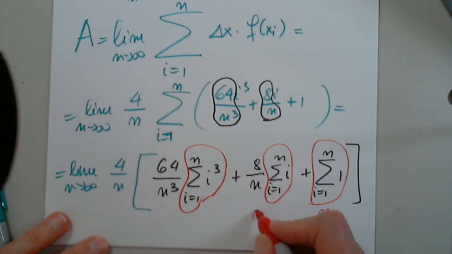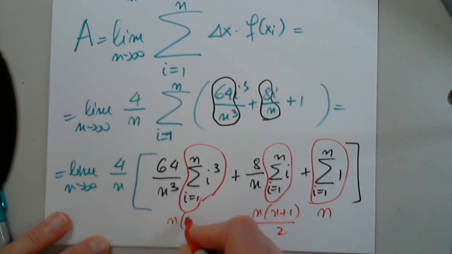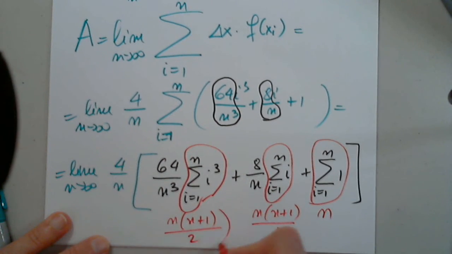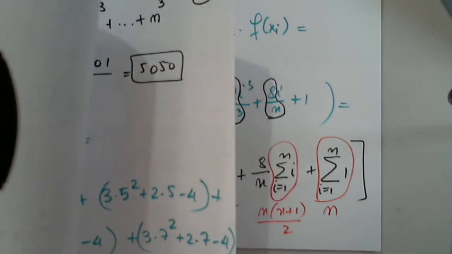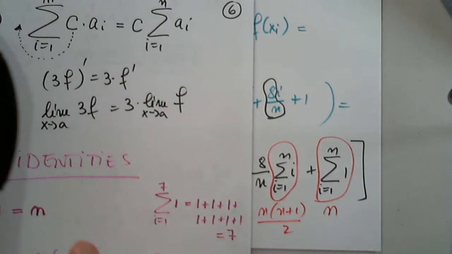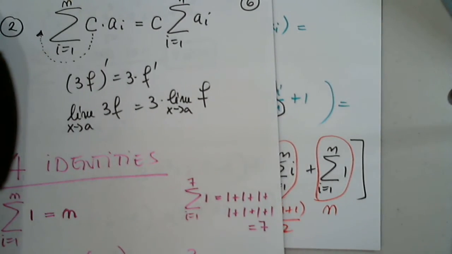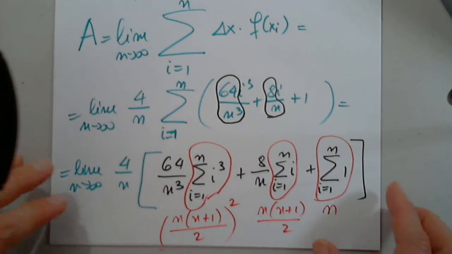This one is n, this one is n times n plus 1 over 2, and this one is n times n plus 1 divided by 2, everything squared. Where does this come from? From those 4 identities that we wrote a few minutes ago. And the rest is just going to be a limit in n. That's it.